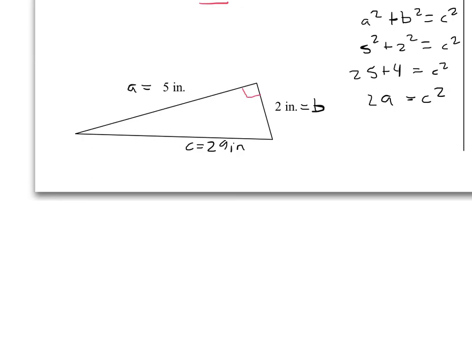Thank you, Amanda. You should be outraged right now. No, Mr. Boots, there's no way that side is 29 inches. The square is 29. Oh, okay, okay, hold on. All right, so we need to finish solving for C. Our inverse operation to solve for C is what?